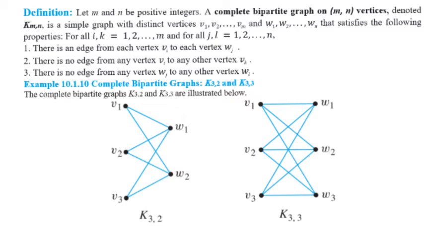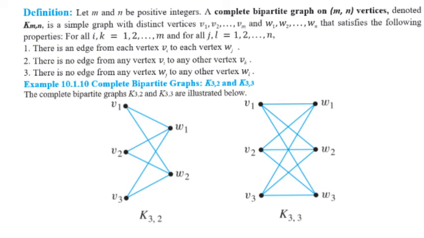So example 10.1.10 illustrates the concept of complete bipartite graphs. Here we show K3,2, and here we show K3,3. In K3,2, the left hand side set of vertices are v1, v2, and v3, and the right hand side set of vertices are w1 and w2.